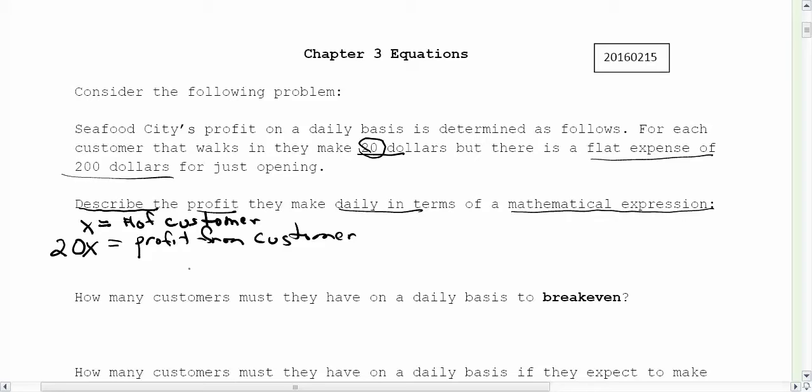So the bottom line is the total net profit that they're going to make in any given day is going to be 20x minus the $200 to open up. So now we have a mathematical expression that describes the profit they make on a daily basis.